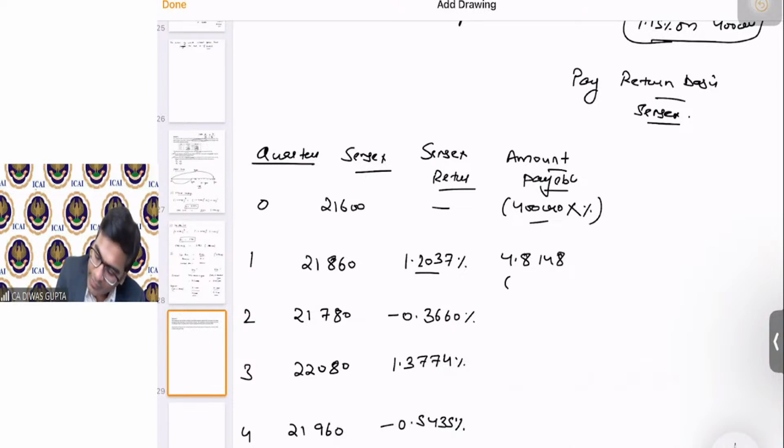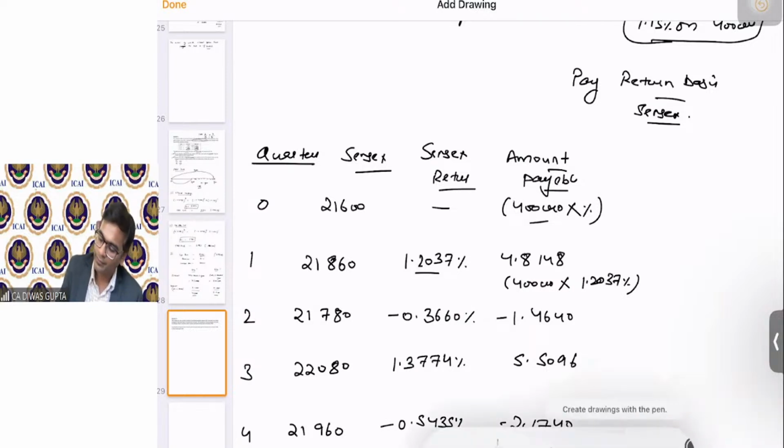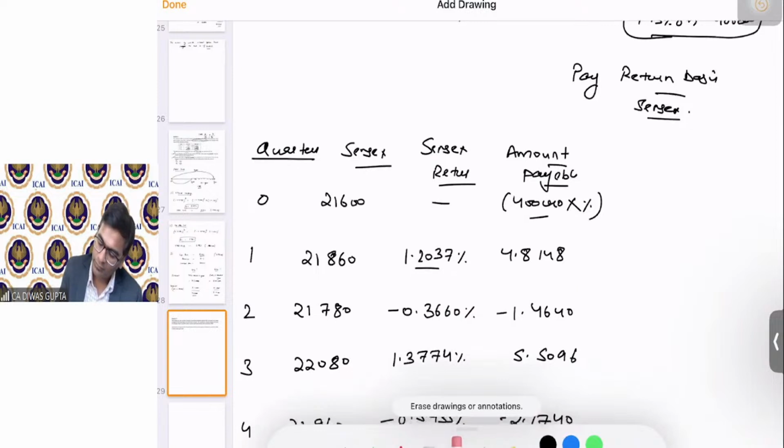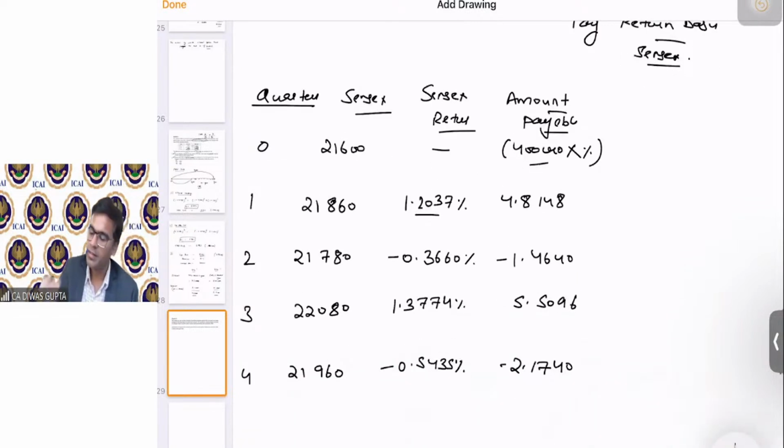Okay. How has this been calculated? 400 crores multiplied by 1.2037 percentage. Okay. Similarly, the next values have been calculated accordingly: minus 1.4640, 5.5096, and lastly minus 2.1740. Clear, students? This is the amount payable.